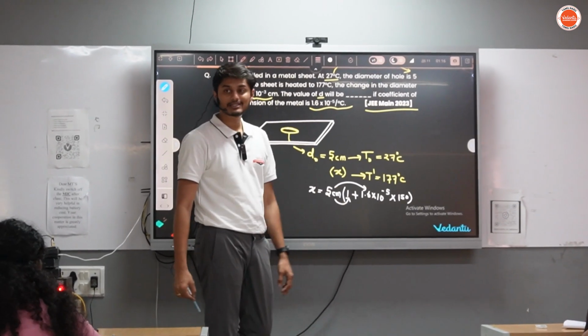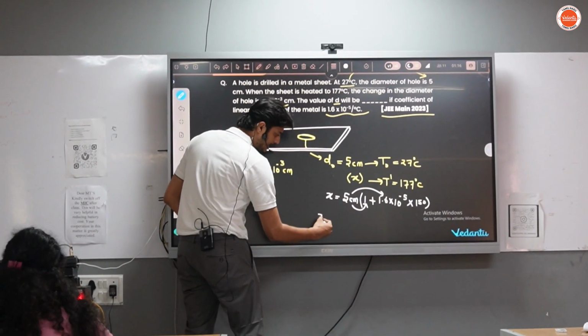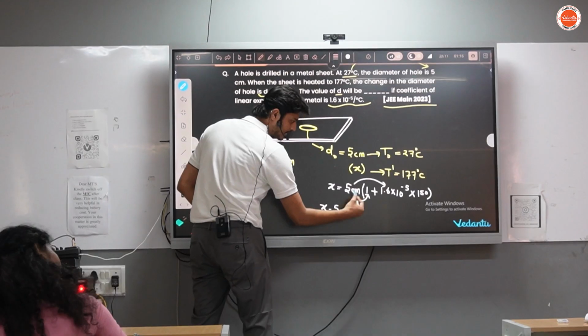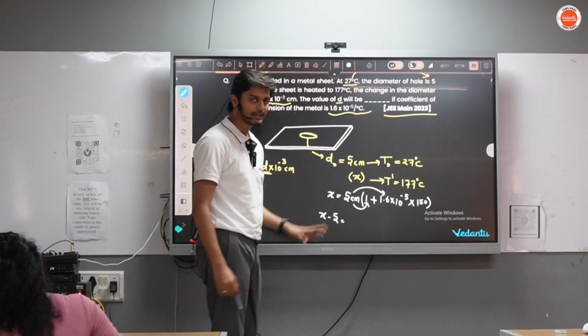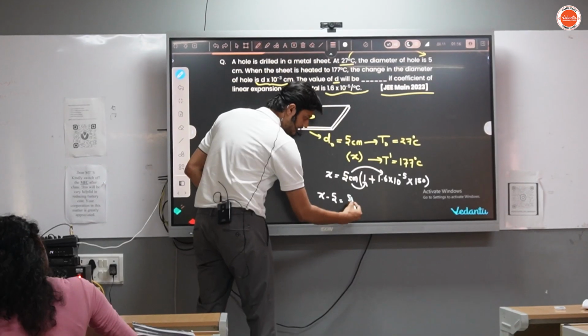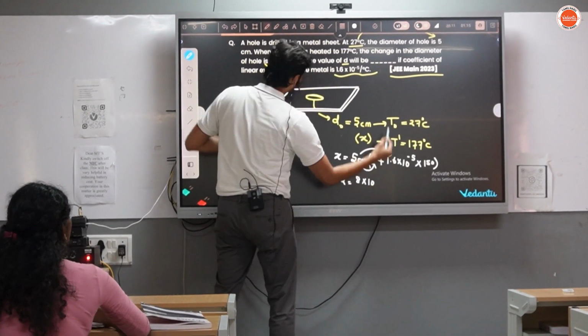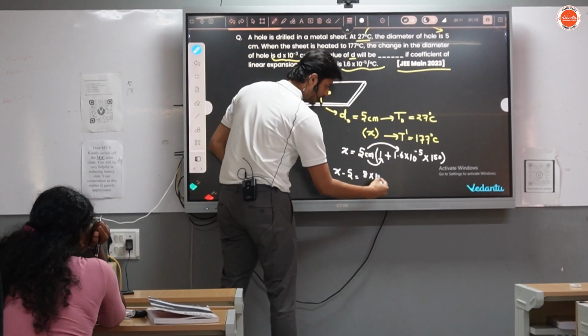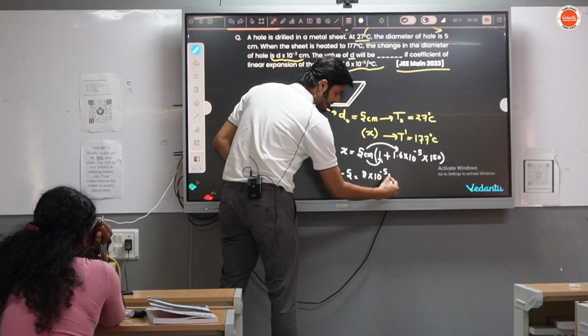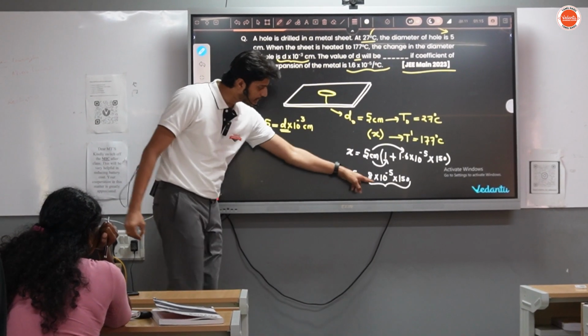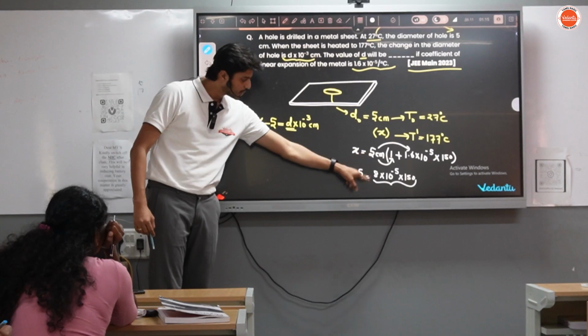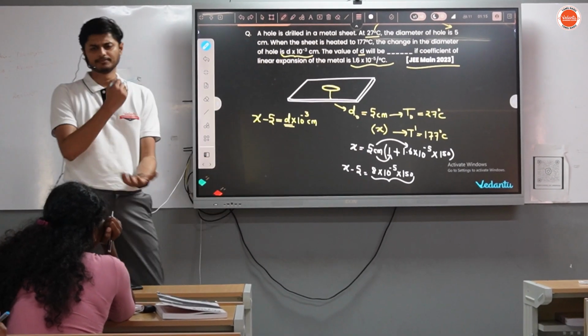5 into 1.6 is 8, right? So this x minus 5 will become 8 into 150 into 10 power minus 5. This is what we get for x minus 5, and directly this is the answer. What is 15 into 8?